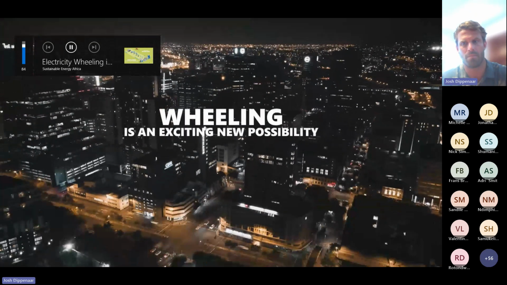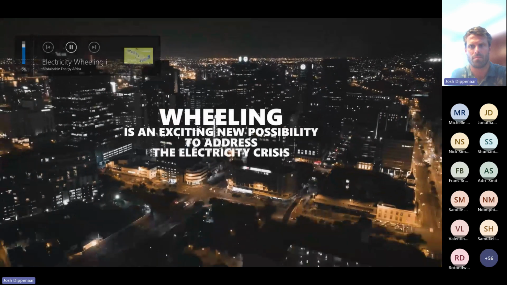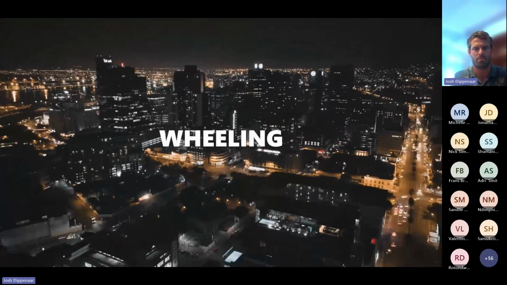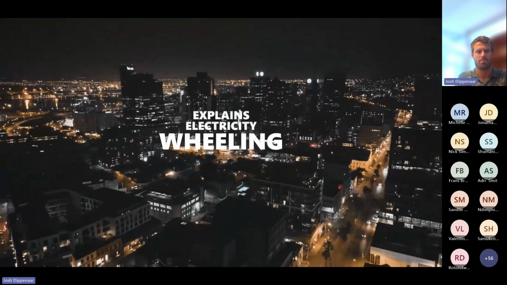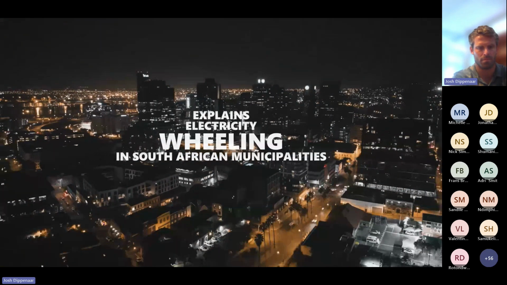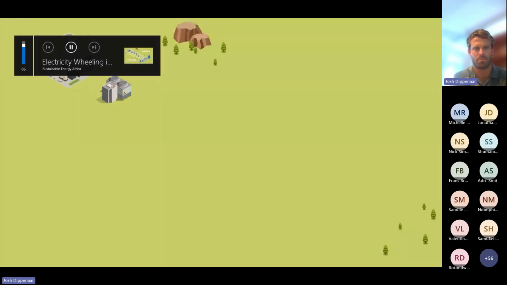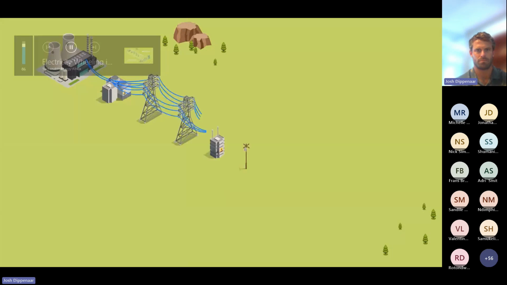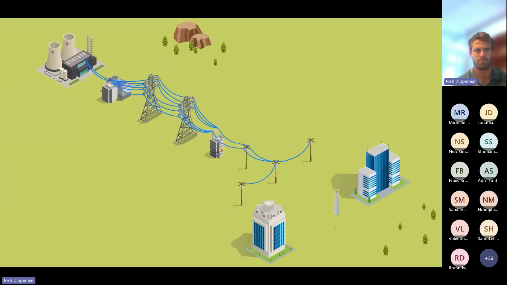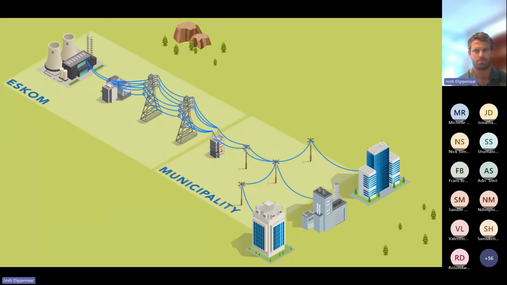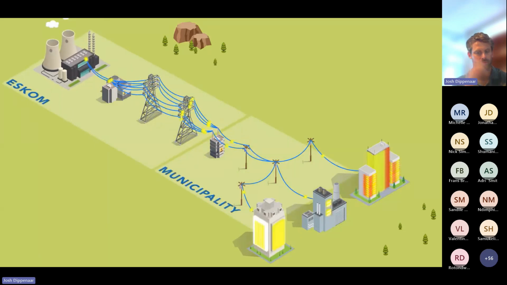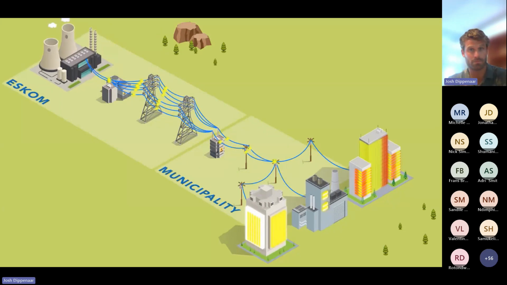Wheeling is an exciting new possibility to address the electricity crisis. This video explains electricity wheeling in South African municipalities. In a traditional electricity system, large power plants generate electricity which is transported through high voltage transmission lines into municipal distribution networks, where it is consumed by households and businesses.